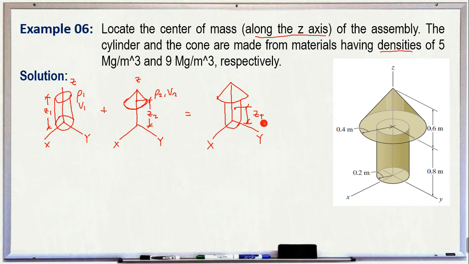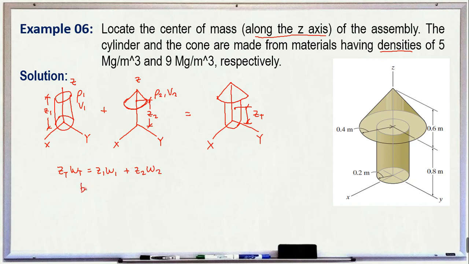Our general formula for this one, again, we use addition law. So we have z sub t times the total weight, no, that is Wt, is equal to the sum of the products of the individual center of mass and weights. So we have z1 w1 plus z2 w2.